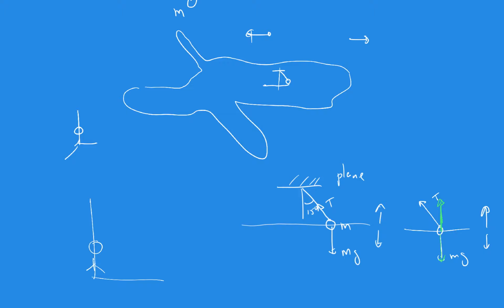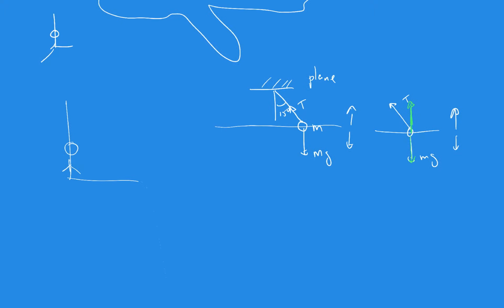So the only survival of these two forces, I have the tension, I have the weight. I have reduced my problem to one equivalent problem, that is, I have the tension, some going up and some going like this, and I have the weight, mg.